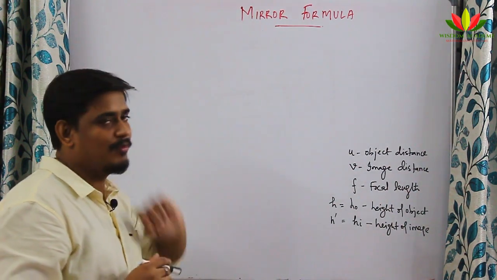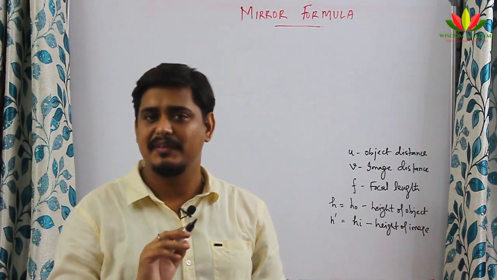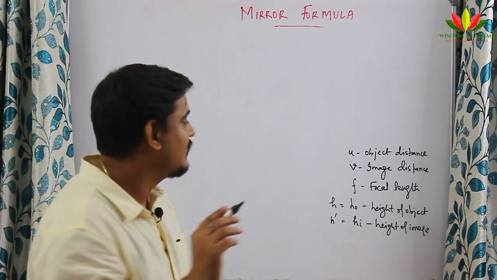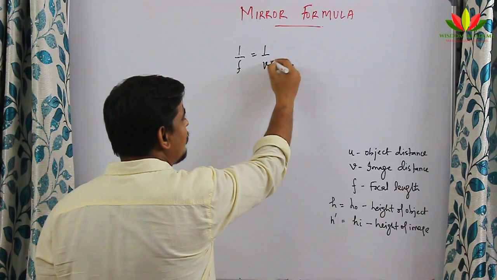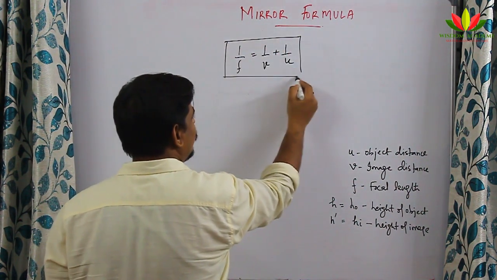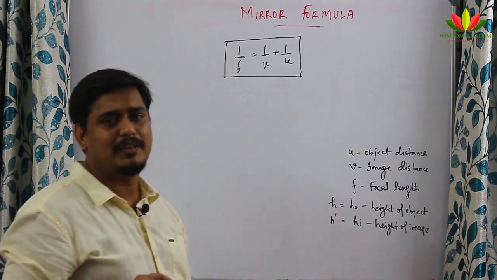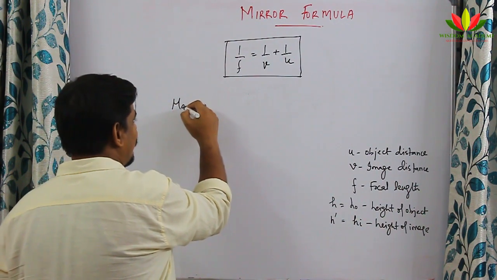Now what is the mirror formula? The mirror formula relates u, v and f in an equation. The equation is 1 by f is equal to 1 by v plus 1 by u. That is the mirror formula, and there is a formula of magnification.